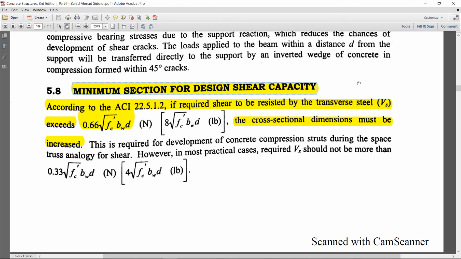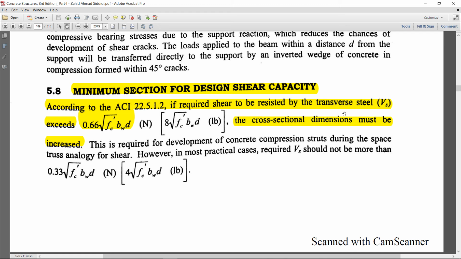And here, minimum section for design shear, that is a check. According to ACI, if the required shear to be resisted by transverse steel, means the steel which you have provided in the beam as a tie or stirrup, so that definitely has some strength.